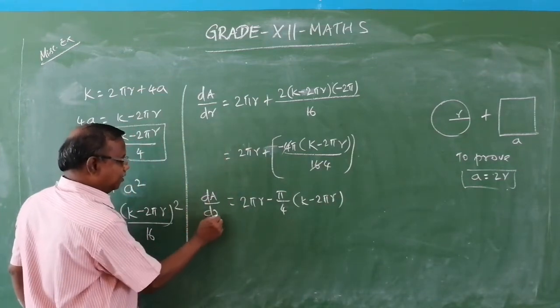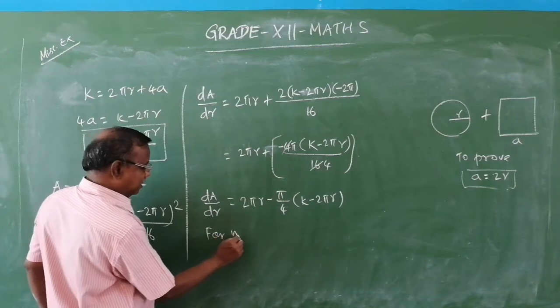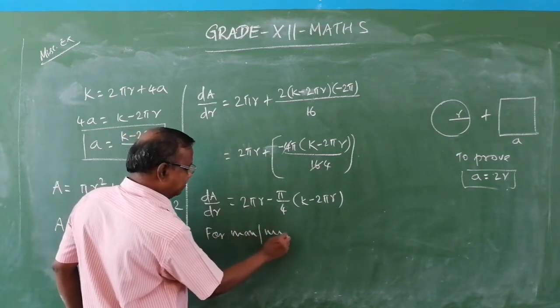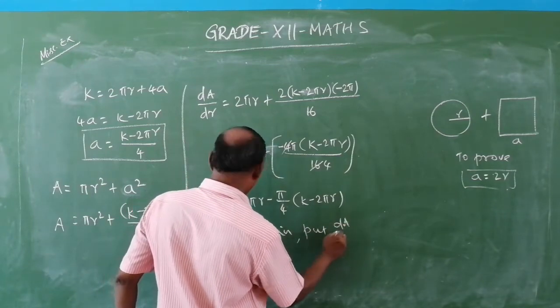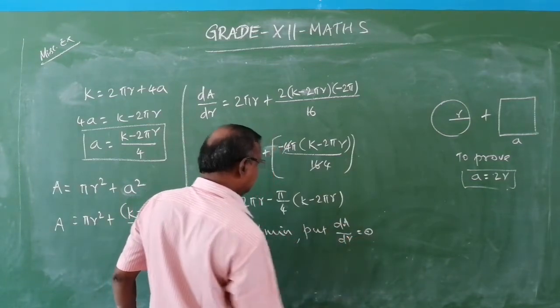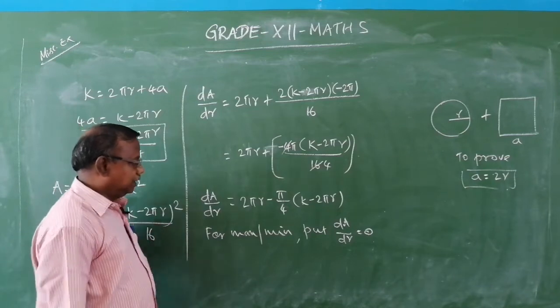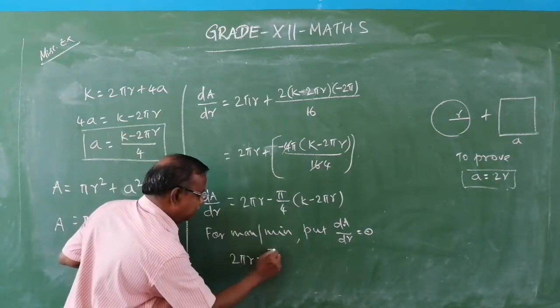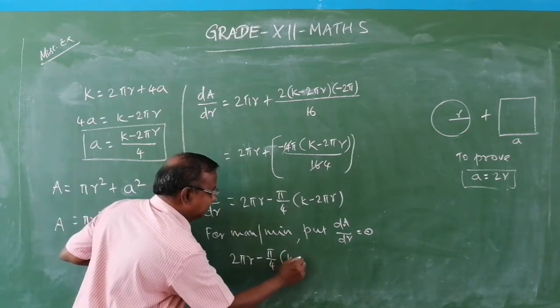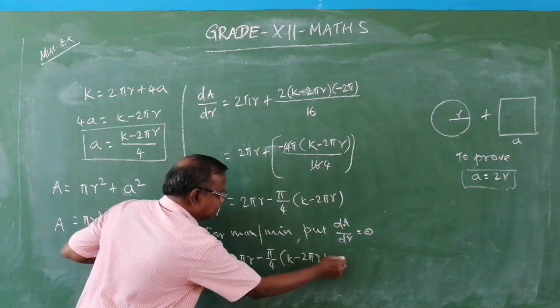For either maximum or minimum, we have to put dA by dr equal to 0. Therefore 2 pi r minus pi by 4 into k minus 2 pi r equal to 0.